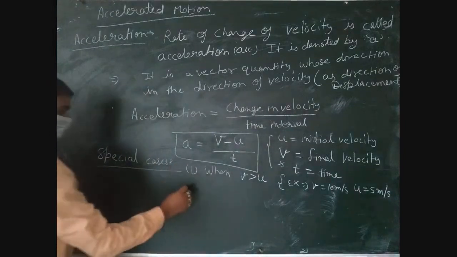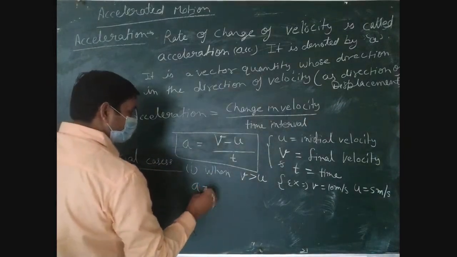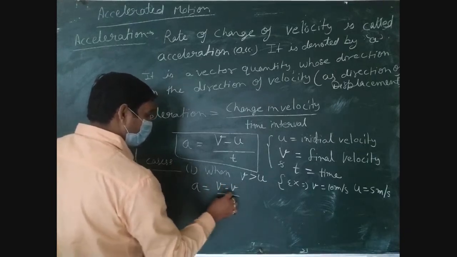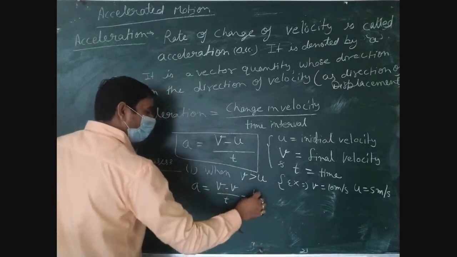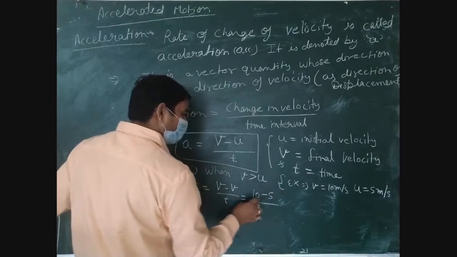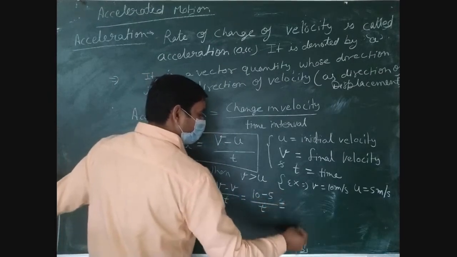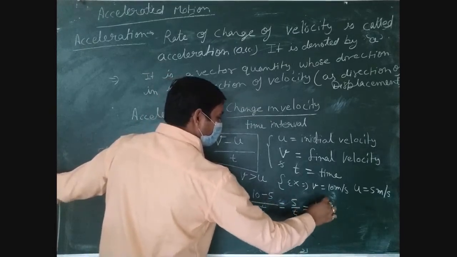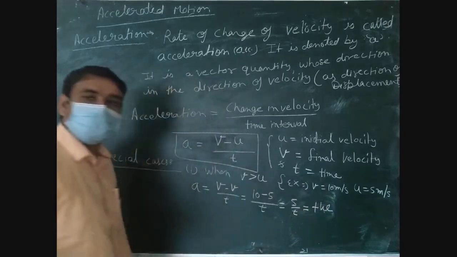Now, the acceleration is v minus u upon t, which is 10 minus 5 upon t, that is 5 by t, which is positive.